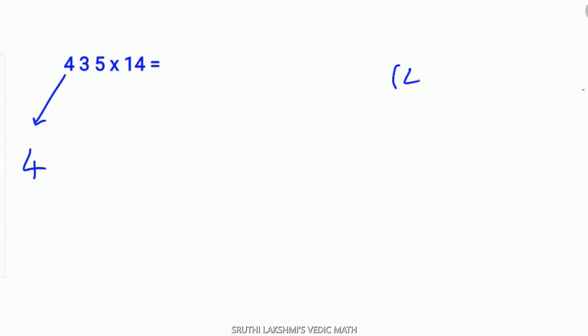So 4 times 4 plus the next digit 3. 4 times 4 is 16 and 16 plus 3 is 19. So write the 1 and carry the 9.